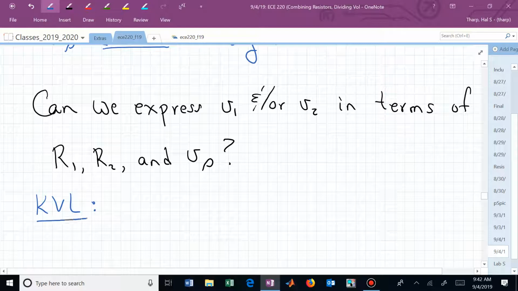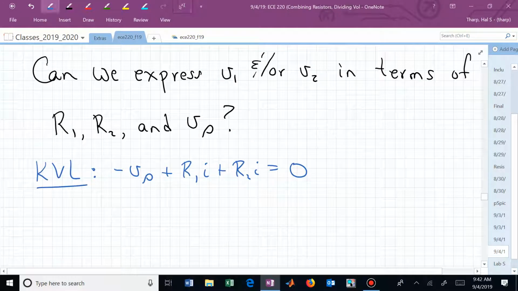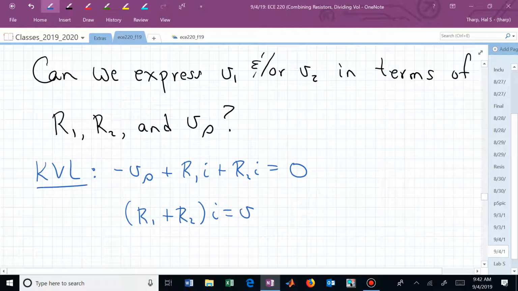If we write our KVL equation, that's minus V sub s plus R1 I plus R sub 2 I. Now I'm getting rid of the V1 and the V2 initially and trying to just solve for the one unknown, I, that exists in that particular circuit. Or the sum of those two resistors times I will give us V sub s.